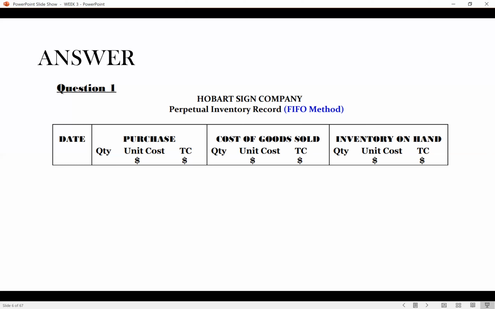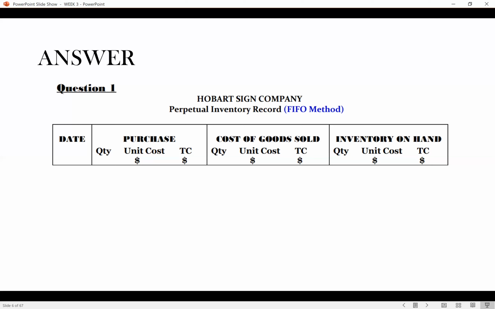Let's look at the unit cost. This is cost of goods sold. In your question, they will tell you that you sold it for such and such a figure. That is your selling price. That is not the cost of your good. So that's not what it cost you to sell the good.